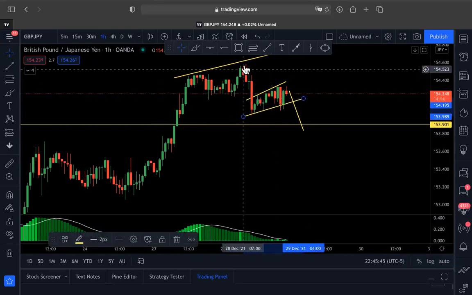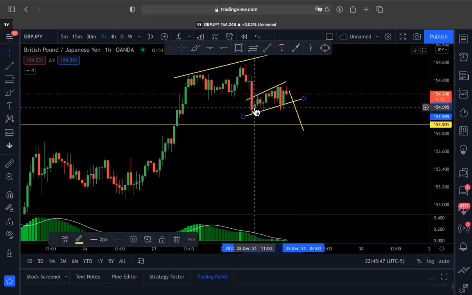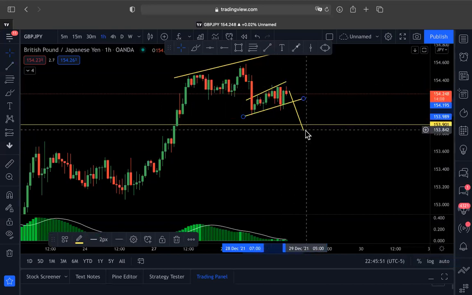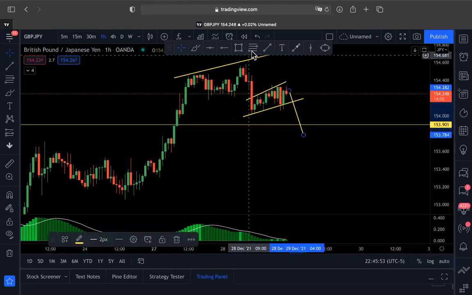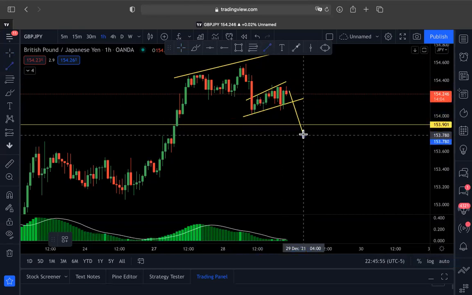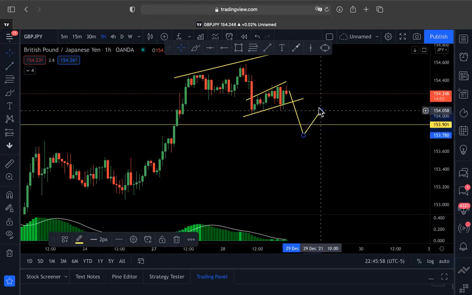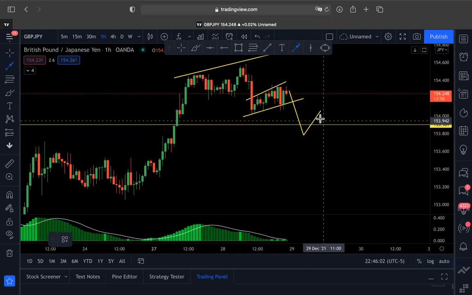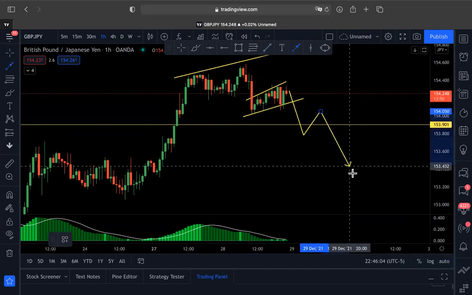So here we have our bearish flag. We have our impulse. We have a correction forming. All right, we're going to wait for the breakout. If you're a retest trader, you'll wait for price to give us a little pullback, and then you could comfortably take your trade down to the sell side.